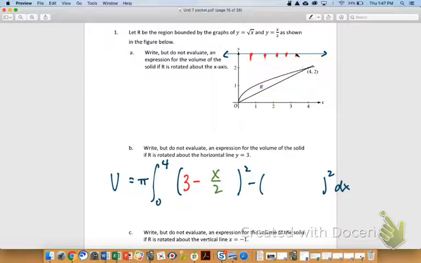And then the small radius would be this purple distance from here to there, so on and so forth.